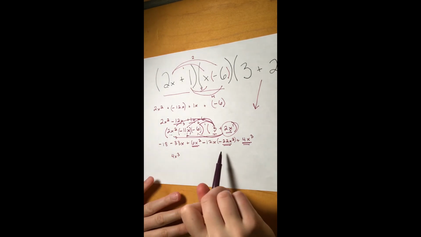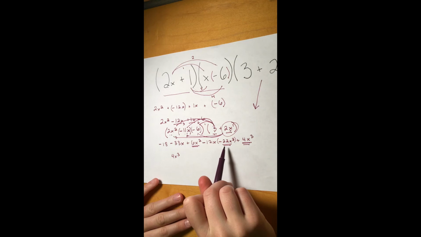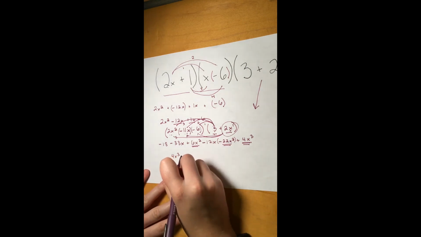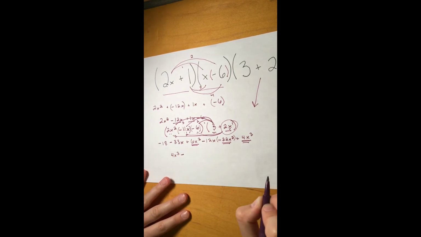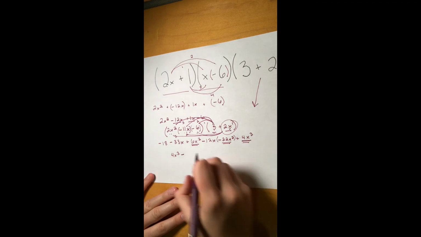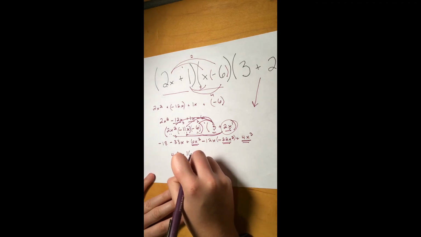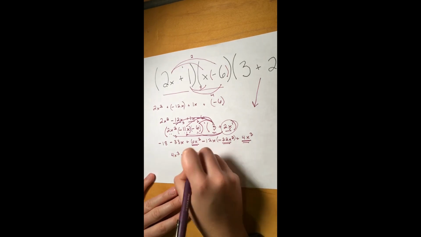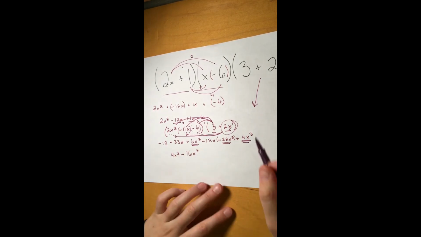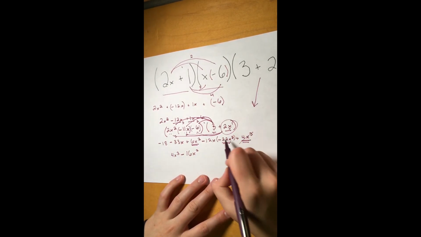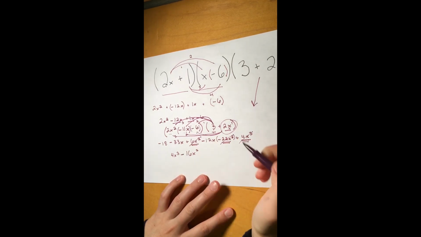So 6 minus 22 gives us a negative number. Negative 16x squared. So we've taken care of this one, and this one, and this one.